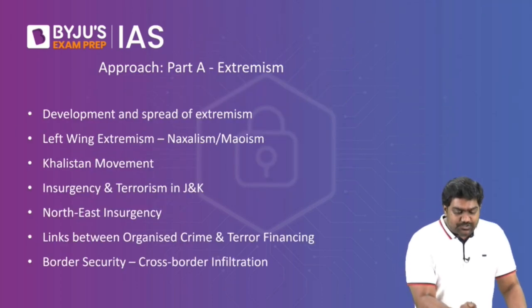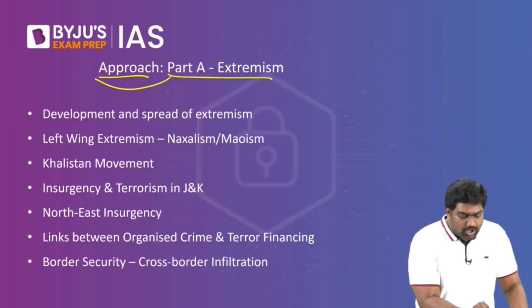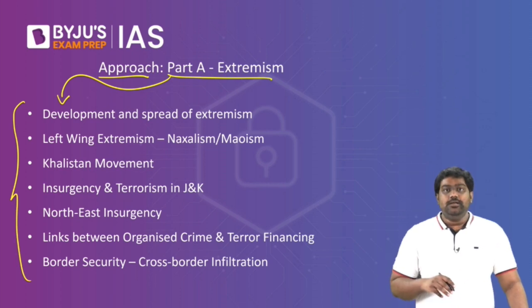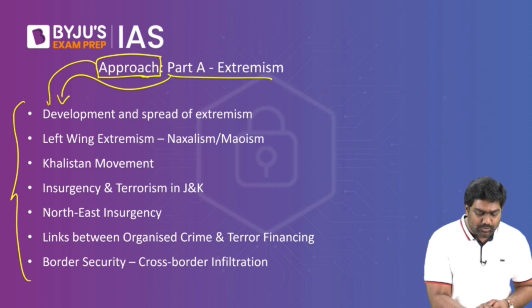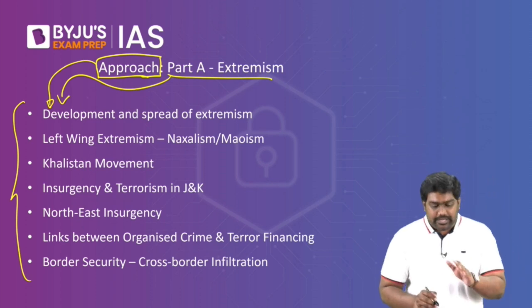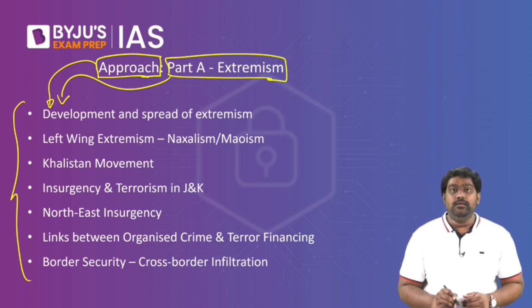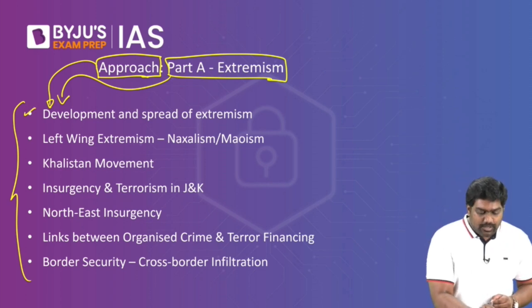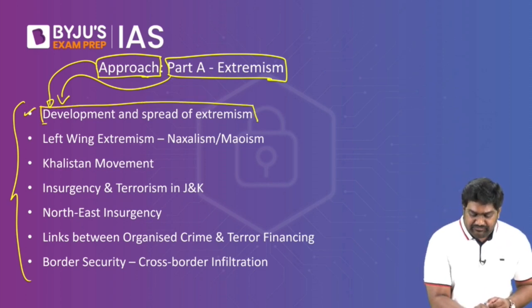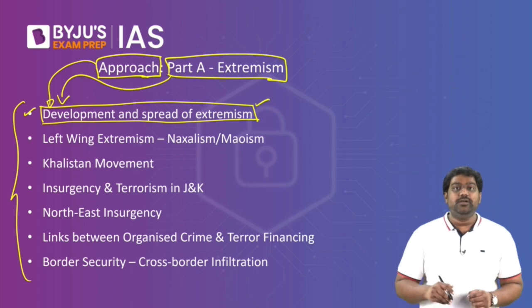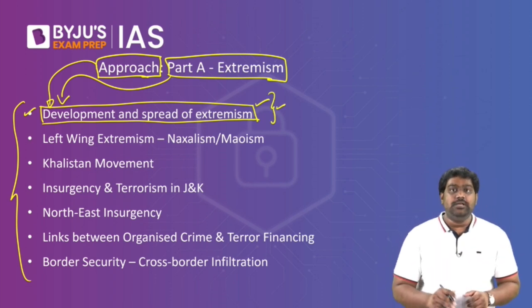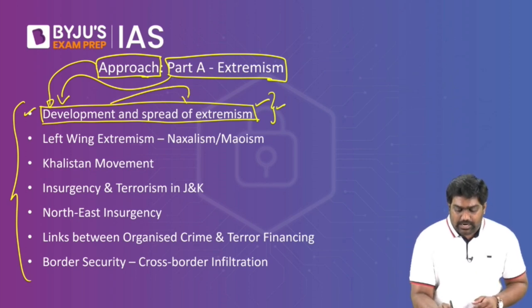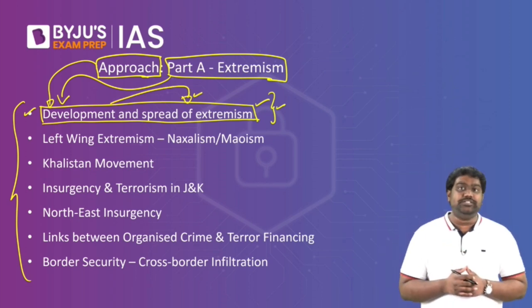So now let's break down these topics into subtopics, simplify the approach, and understand what are the key areas that you need to focus on. In order to cover extremism really well, you should always begin by studying the links between development and the spread of extremism. As I mentioned earlier, understand how the lack of governance can create a fertile ground for the spread of extremist activities.